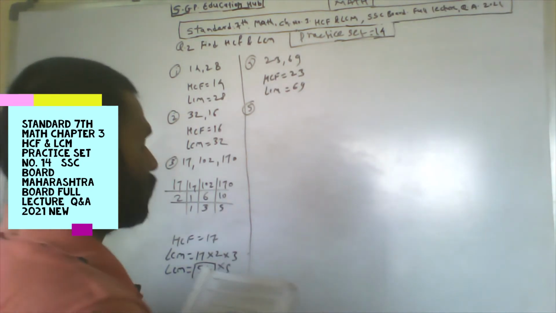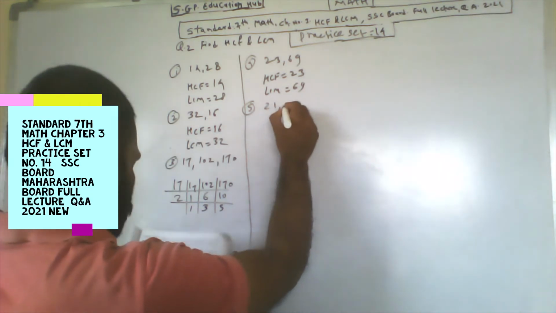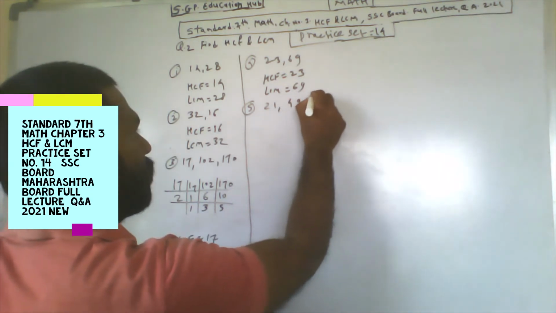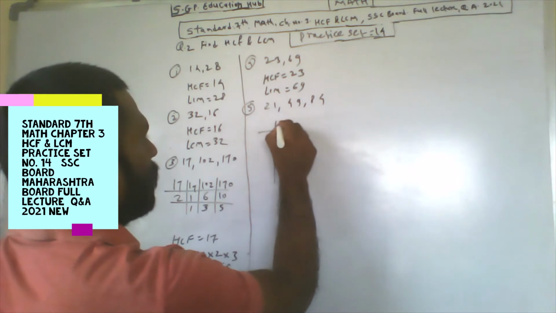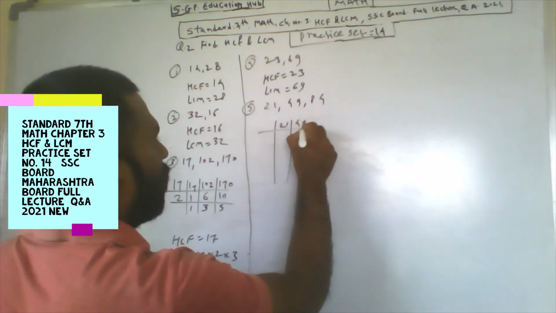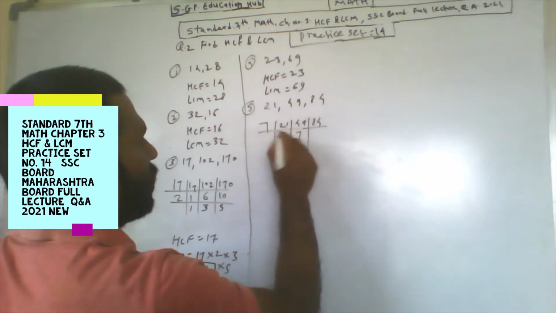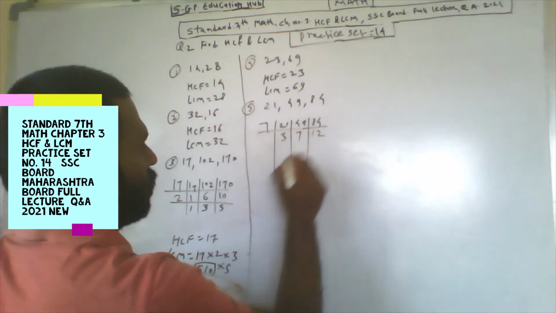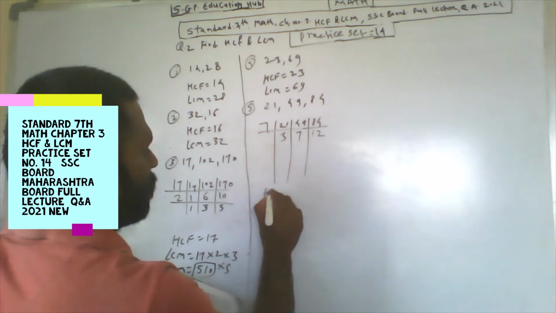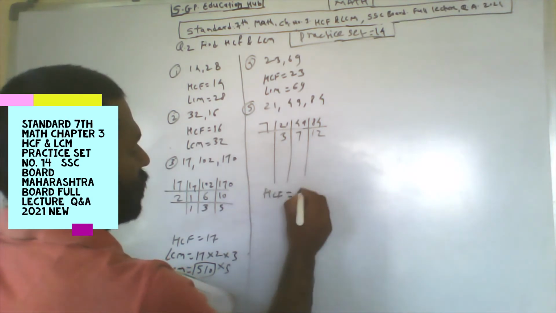Now the fifth question: 21, 49 and 84. All three numbers can be divided by 7. 7 3s are 21, 7 7s are 49, 7 12s are 84. The HCF is 7.